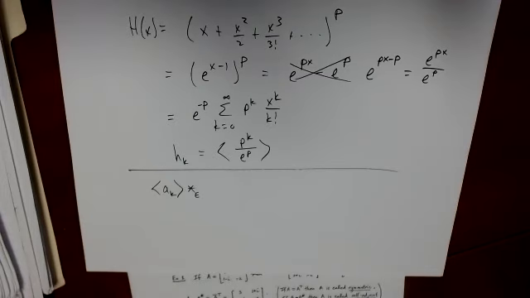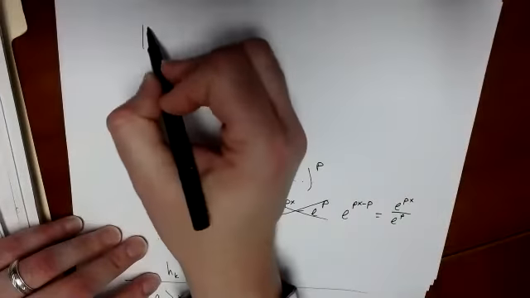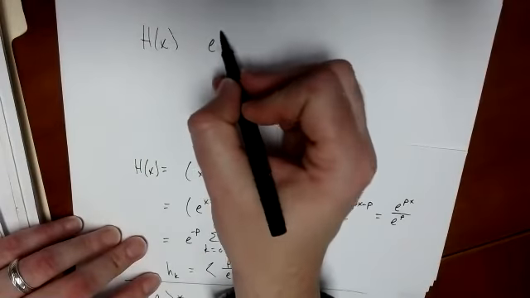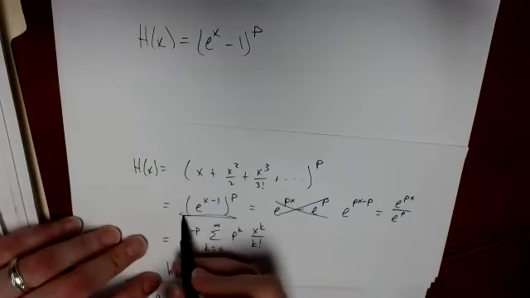Oh, you're right. Man, give a guy a weekend. So Alex says h of x should be (e^x - 1)^p, which does look better, this step here.